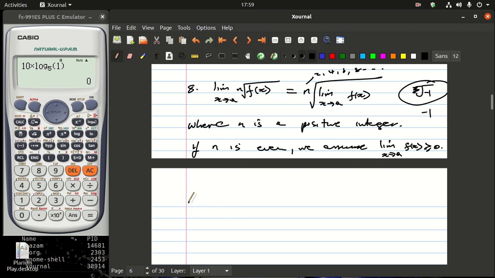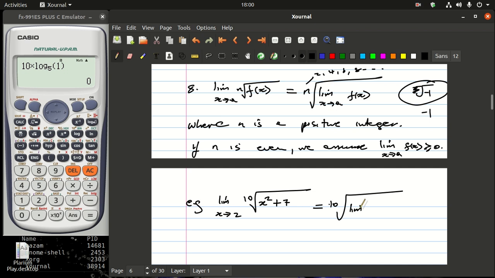Now, an example for this is similar to what we're doing. I can just say: evaluate the limit as x approaches 2 of the 10th root of x squared plus 7. So this limit is simply saying: take the 10th root of the limit as x approaches 2 of x squared plus 7.